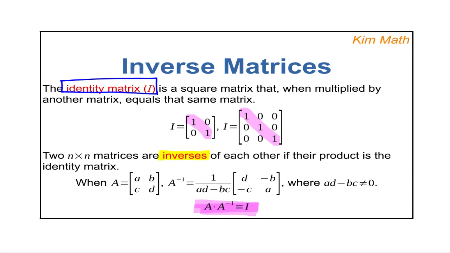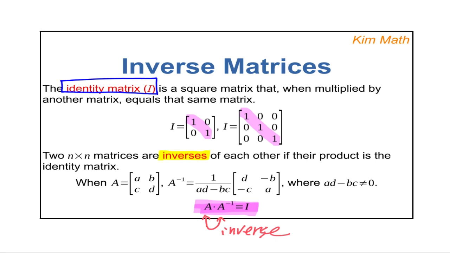If you multiply two matrices and the result is an identity matrix, then we can say that these two matrices are inverse of each other. Okay, inverse of each other. Now, how can you find the inverse?